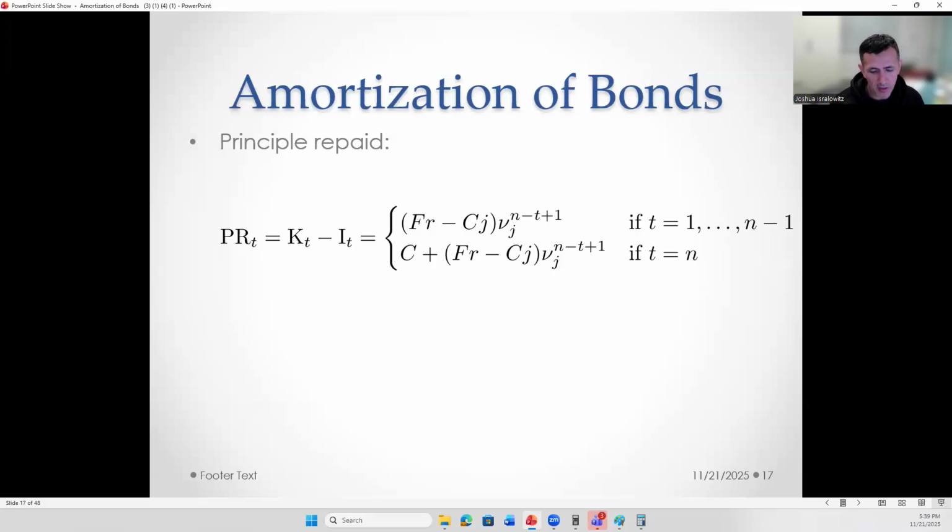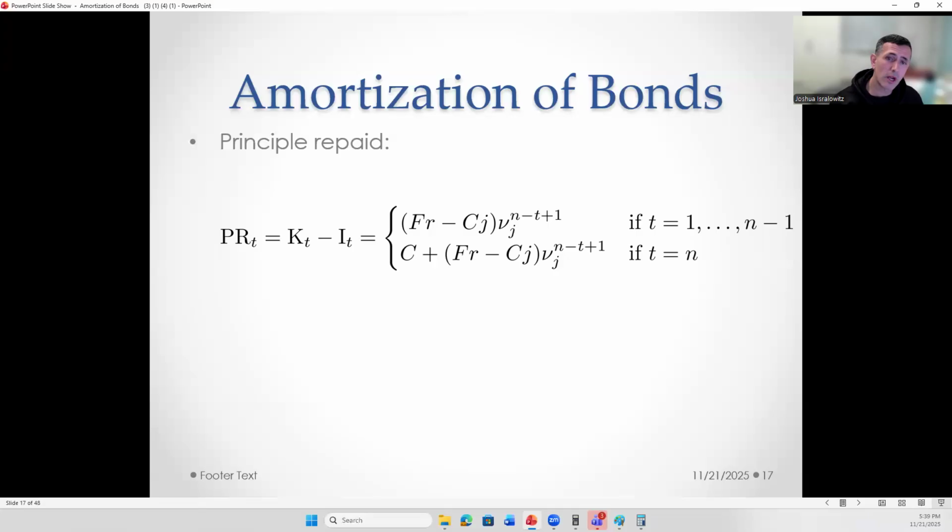So the bond amount is redemption, and you don't touch principal until the very end where you pay it all off. You just make interest payments. So your coupon payments are just interest payments in that very special case of FR equals Cj.